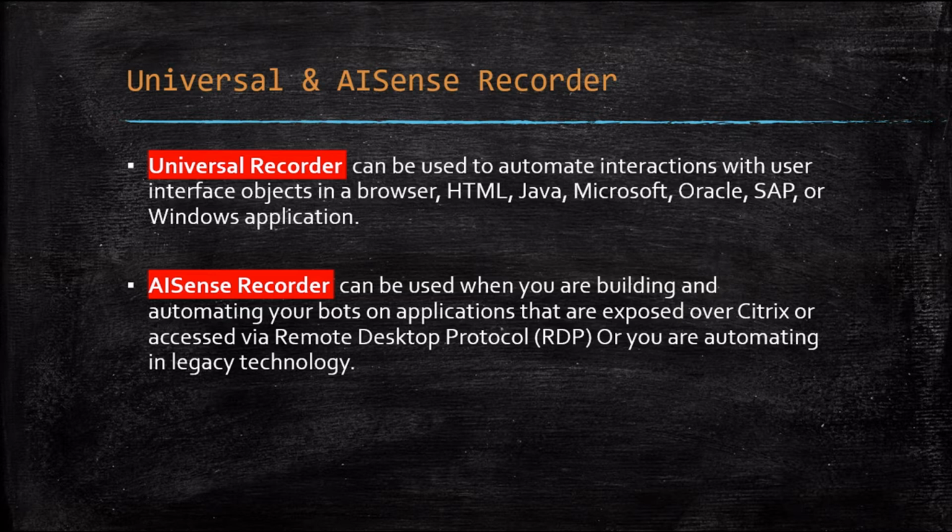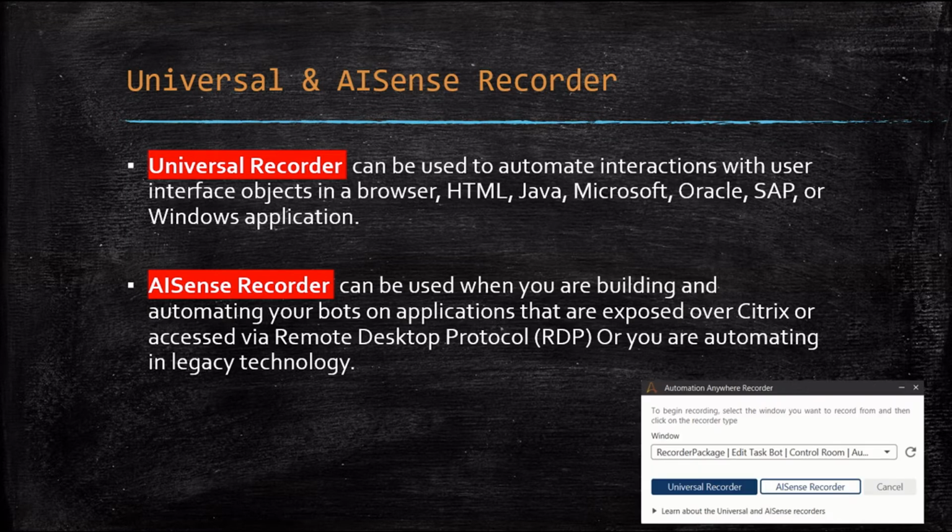So you can prefer to use AI Sense while working with Citrix or RDP, or when your automation is related to some legacy technologies, while in general you can use universal recorder. We will have a separate session on AI Sense recorder.